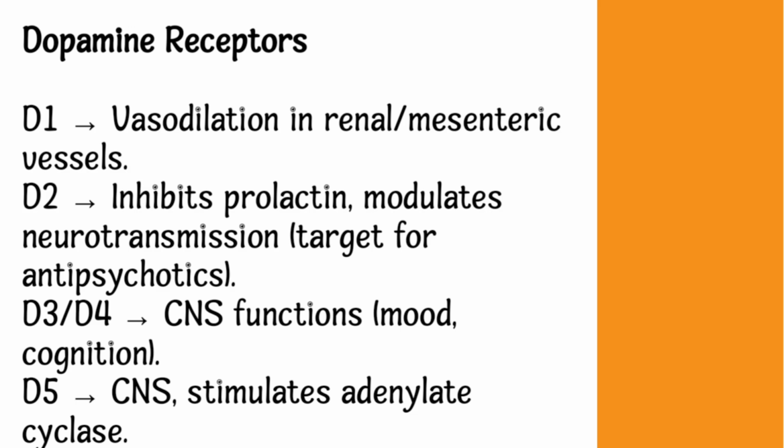So these ones are used as targets for antipsychotics. Now the D3 and D4, they are very similar. They have CNS function. They affect the mood and your full body coordination. The D5 also involved in the CNS. It modulates adenylate cyclase enzyme.